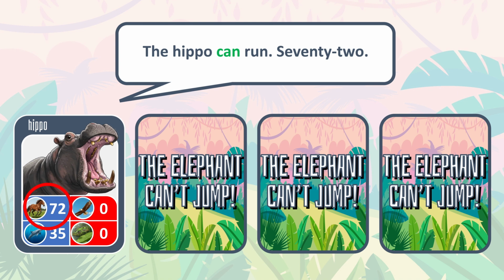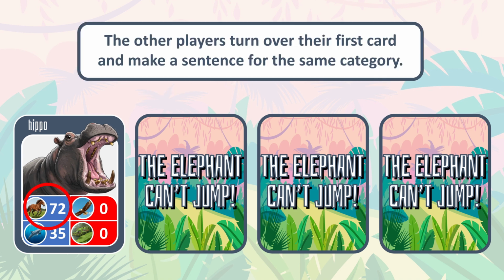Okay, each icon here, the horse, the dolphin, the eagle, and the frog, they all represent one of the verbs that we studied earlier. So in this case, the horse represents run. Obviously, the dolphin swim, the eagle fly, and the frog jump. So in this case, the hippo's best score is run 72, so they can make their sentence.